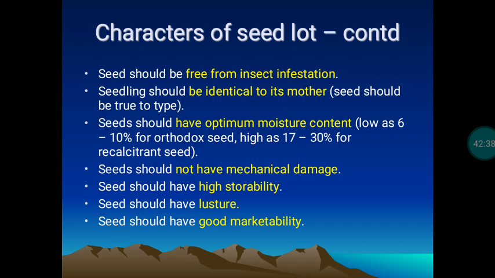Again, those things are restricted to that particular generation alone, no need to bother about that. If a character appears in the next generation also, we should pay attention. Some kind of variation has been introduced in our seed material. At that time we have to go for purification. We have to check the homozygous nature of the material. So the seed should be genetically pure.